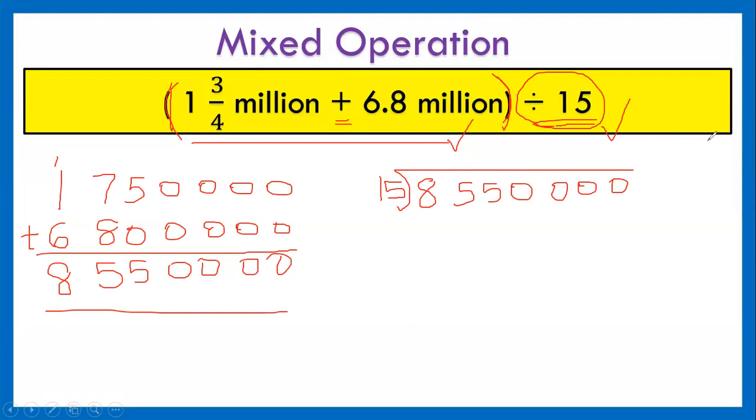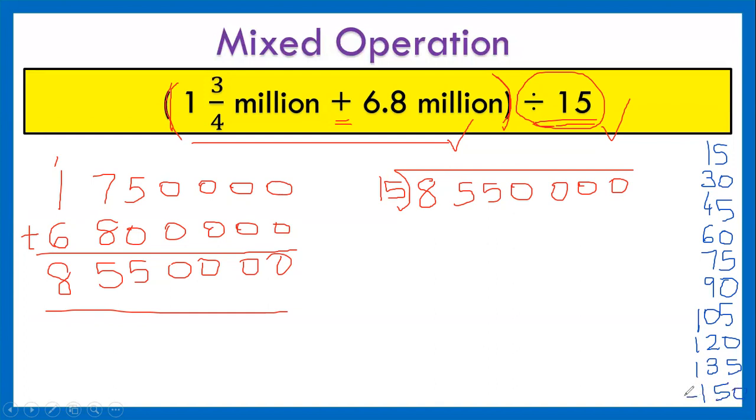So let's start. 15, add mentally: 30, 30 plus 15, 45, 45 plus 15, 60, 60 plus 15, 75, 75 plus 15, 90, 90 plus 15, 105, 105 plus 15, 120, 120 plus 15, 135, and finally 150. When I reach 150, I know this is 10 times 15. Can you see that? That means all my answers here are correct.